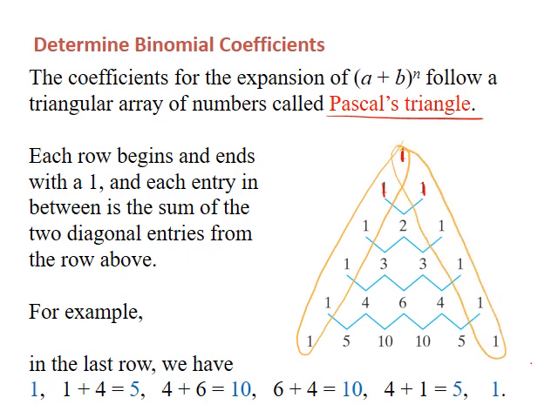But to get the numbers in the middle, we simply add. So we'll add these to get 3, add these to get 3. So 1, add these to get 4, add these to get 6, add these to get 4, and 1, and so on and so forth. This is a degree of 0, degree 1, 2, 3, 4, 5.